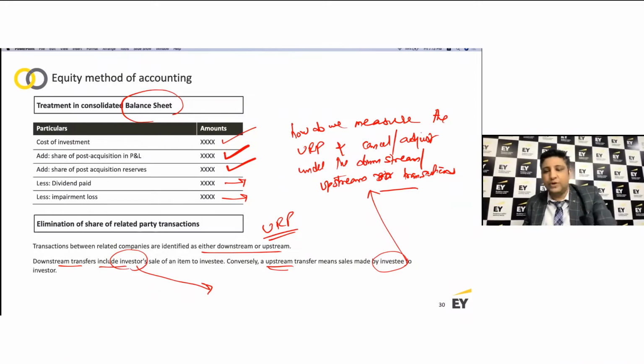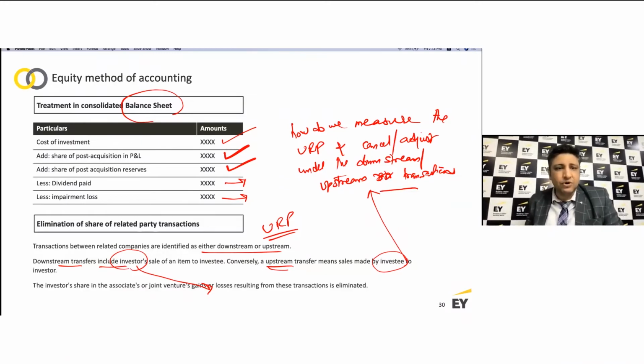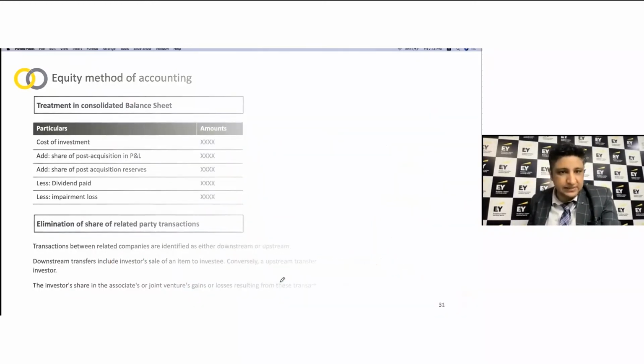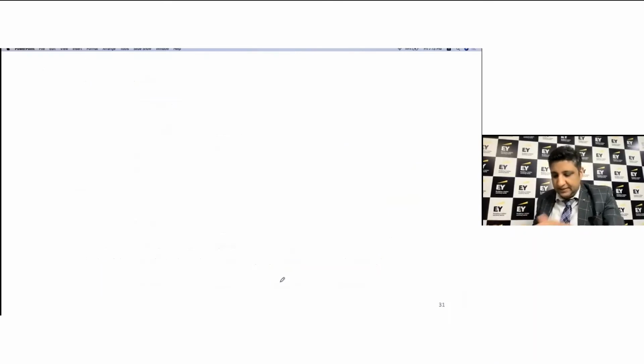That's what we want to do now. So when you look at it, you would look at the elimination of those gains or losses under these transactions. Let's try to understand this with the help of some small examples here.